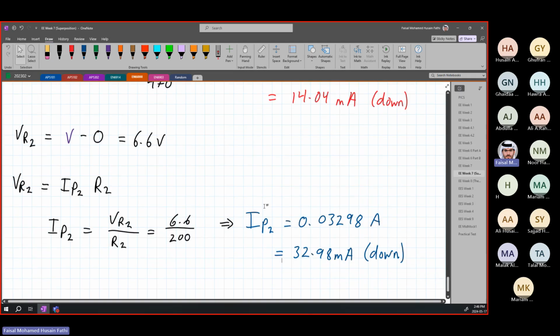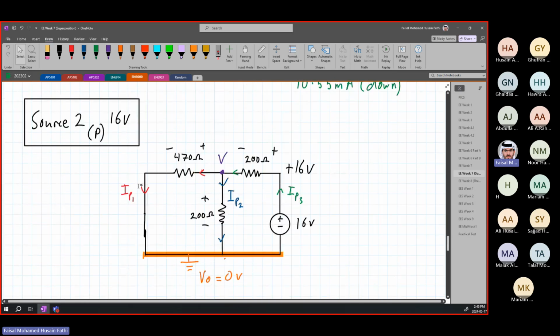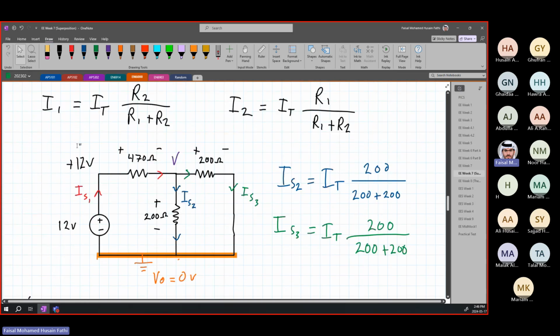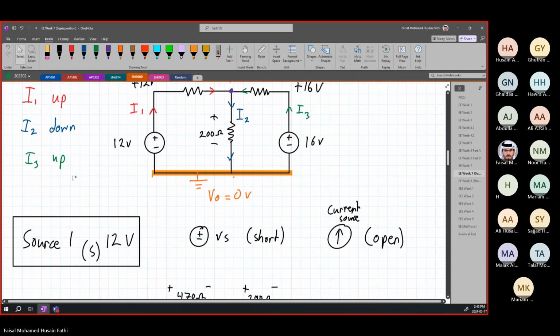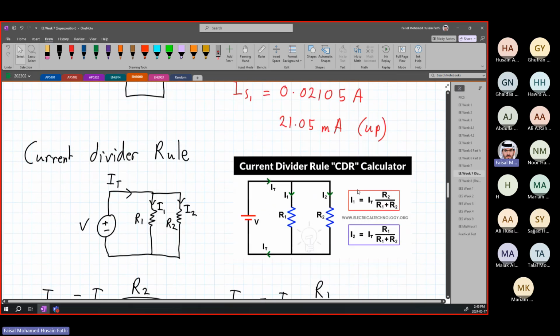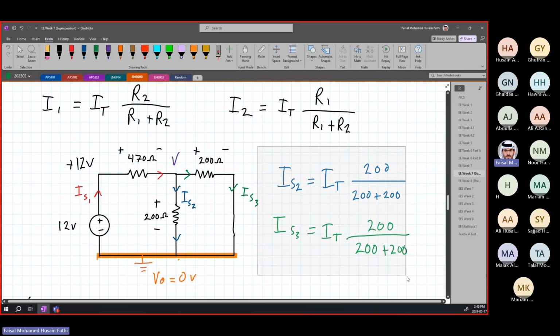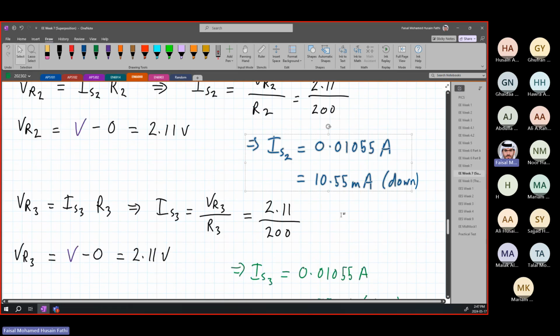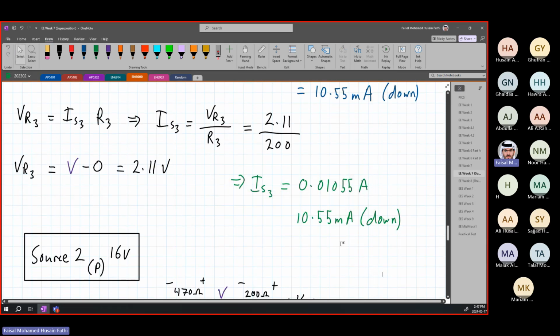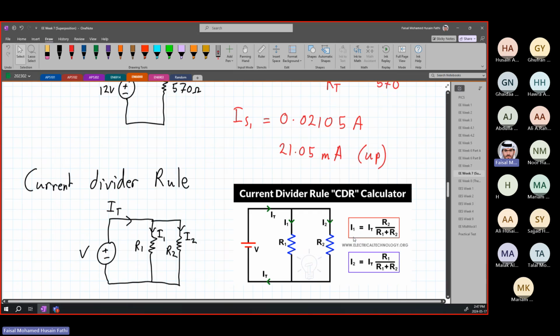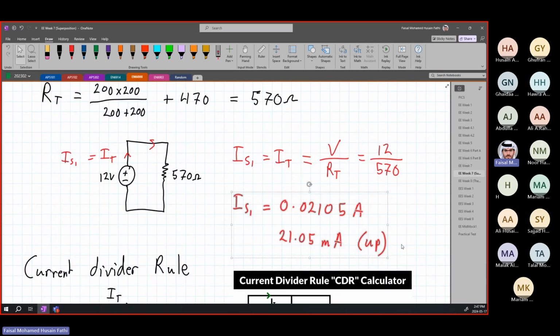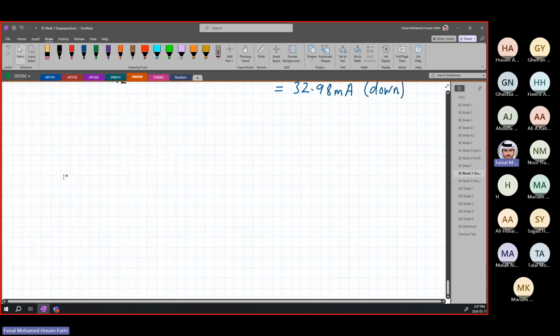Now we have found the currents for each source by itself. For source 1, over here, we have found our currents, which is IS1, IS2, and IS3, which we did over here. And the same thing for the other one. So let me just bring these all down, so that later we will look at them together.